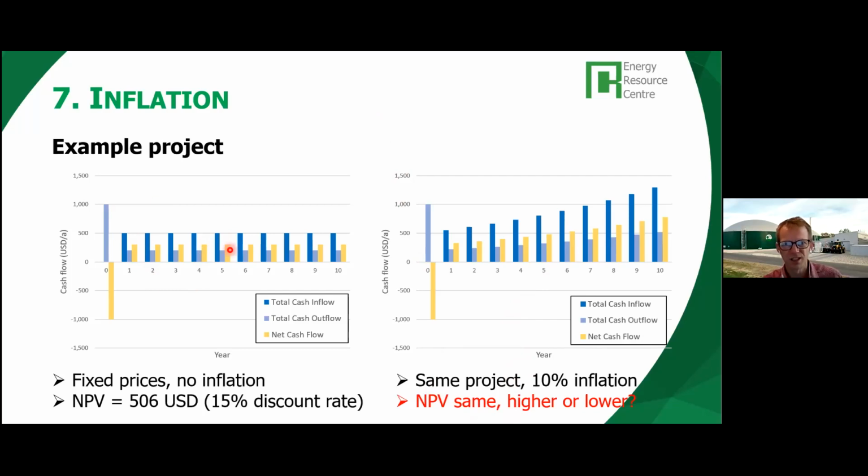We have three options. First option is there will not be an effect. The net present value in both cases is the same. The second option is the net present value will increase. The third option is the net present value will decrease.